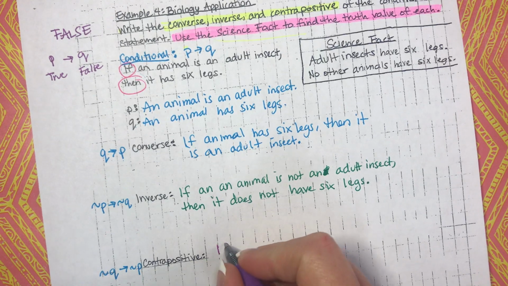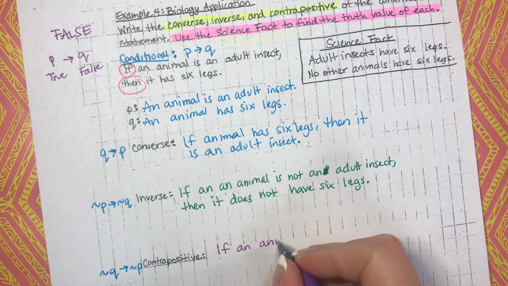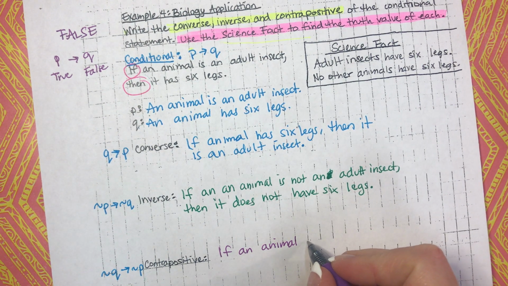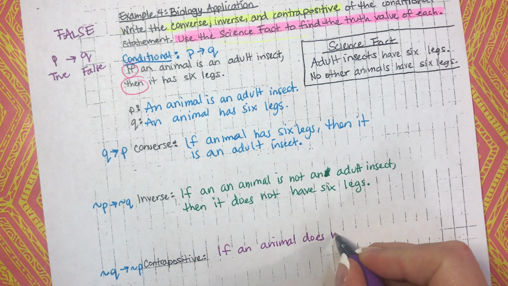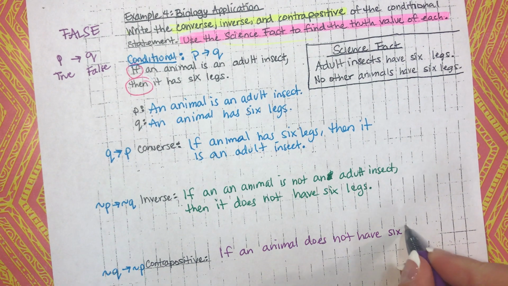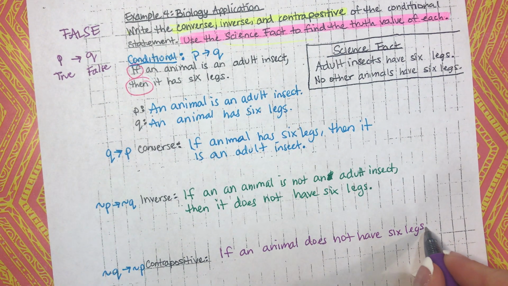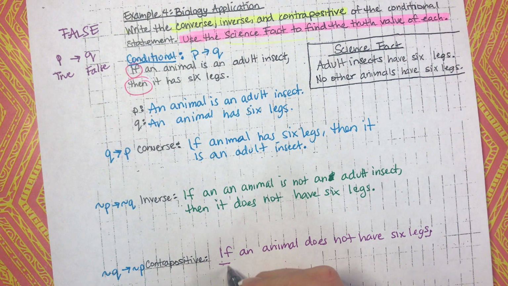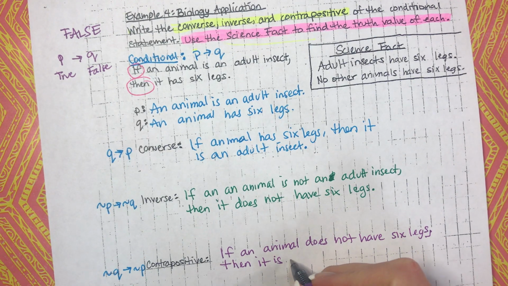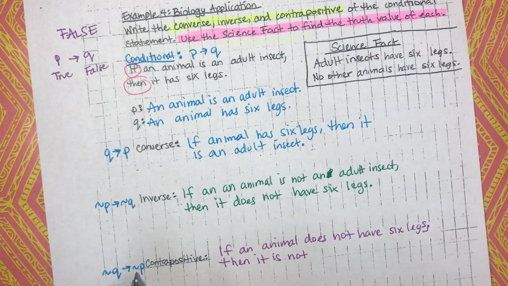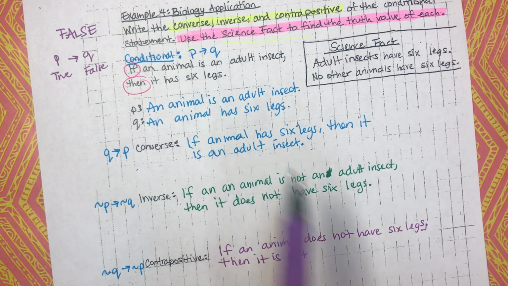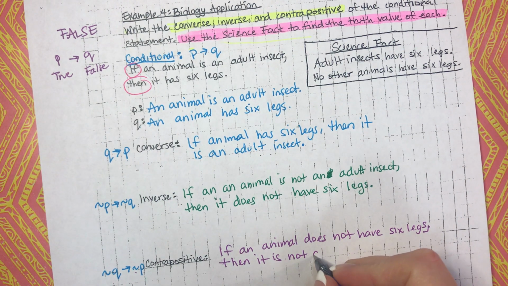So if an animal does not have 6 legs, then it is not, because we're doing the negation of the hypothesis P, an adult insect.